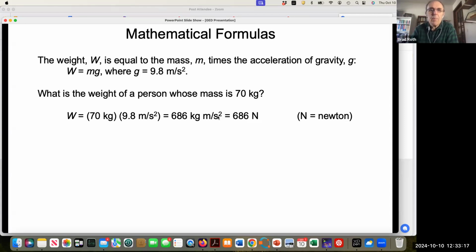And a kilogram meter per second squared, the nickname of that is a Newton. So it's 686 newtons. You could do this calculation on your calculator, or you could approximate 9.8 as 10 and just do 70 times 10, or 700. And you know that the answer is going to be slightly less than 700.